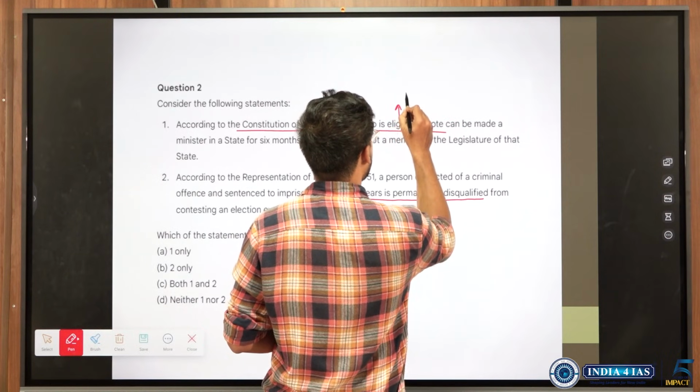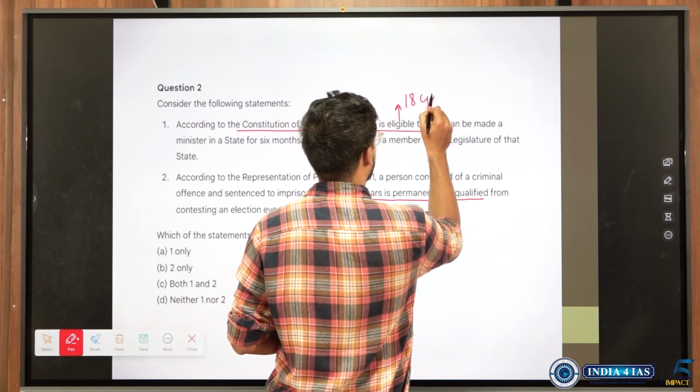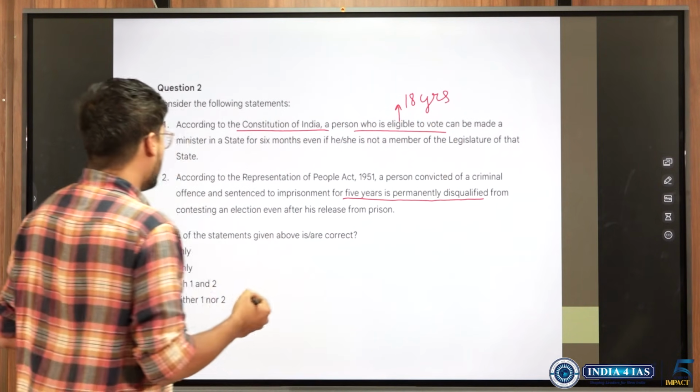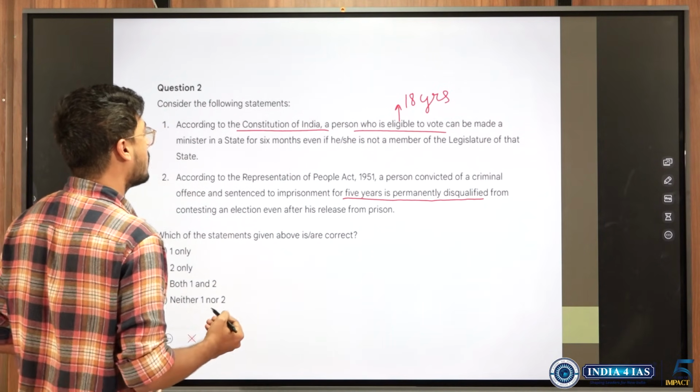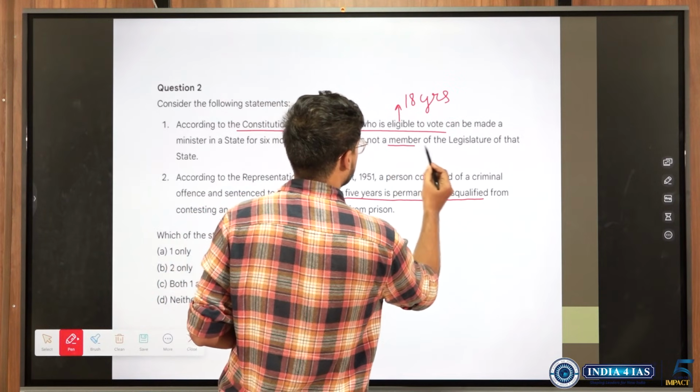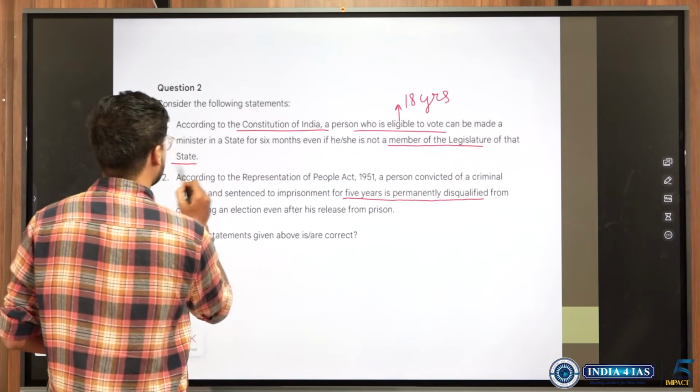Anyone who has attained 18 years of age can be made a minister of a state for 6 months even if he or she is not a member of the legislature of the state.